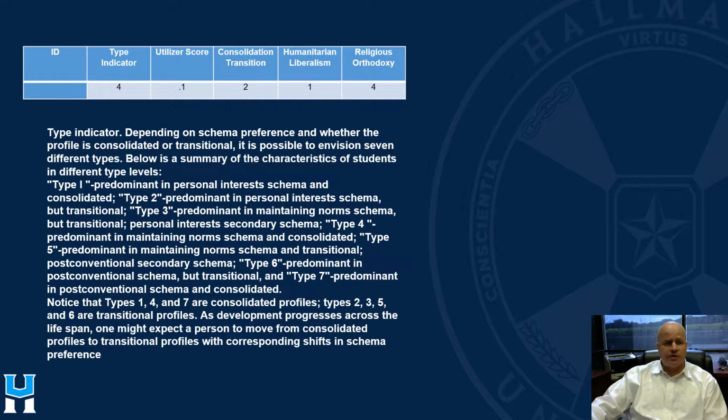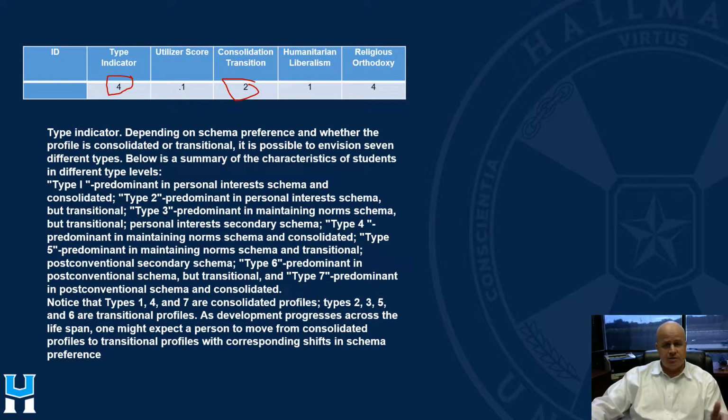Other scores that you're going to see, there's a lot of data in these, are a type indicator and a consolidation transition. Basically what this means is it's not a step process. You can be moving in and out of stages. So if you're a 1, that means that you're transitioning from one stage to another. If you're a 2, that means you're consolidated in that stage. Doesn't mean you're going to stay there.